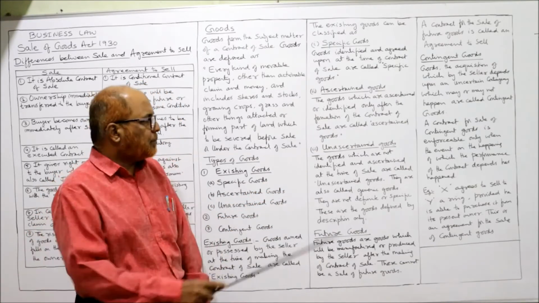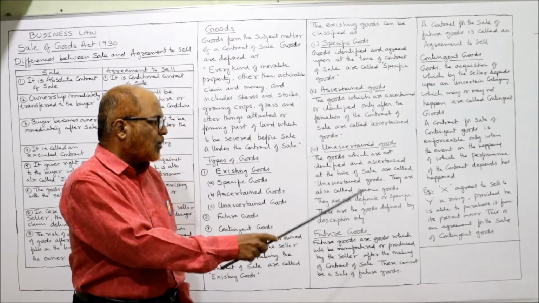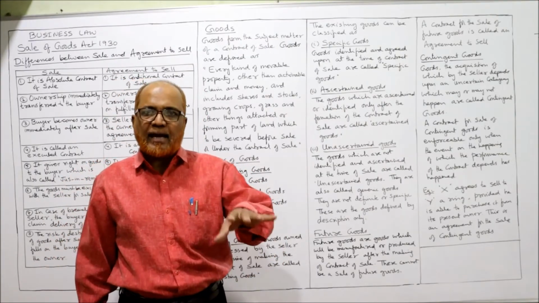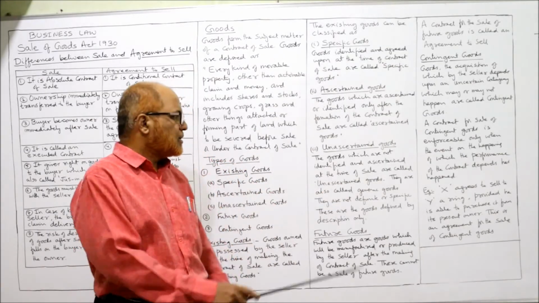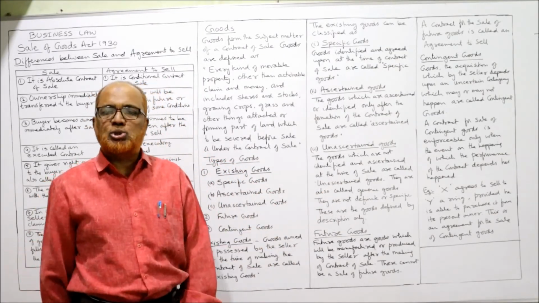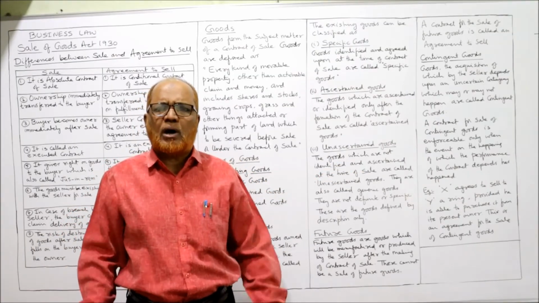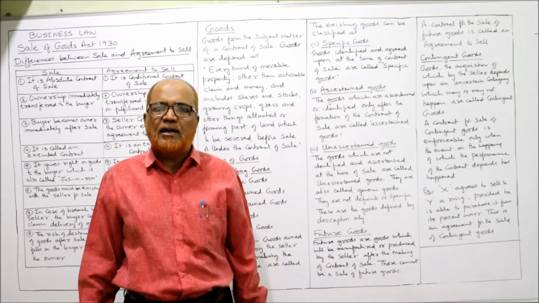Unascertained goods. That means the goods which are not identified and ascertained at the time of sale are called unascertained goods. They have not at all been ascertained. An agreement is made, but ascertainment will be done after that. So they are also called generic goods. Generic goods means goods lying in the godown, lying in the shop. We just have to identify them after completing the contract.